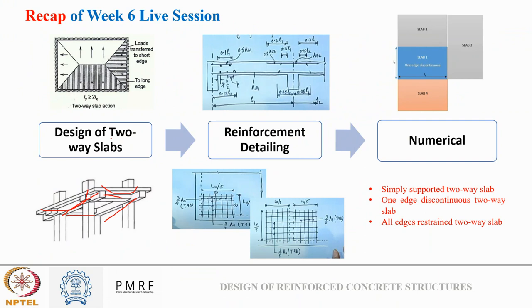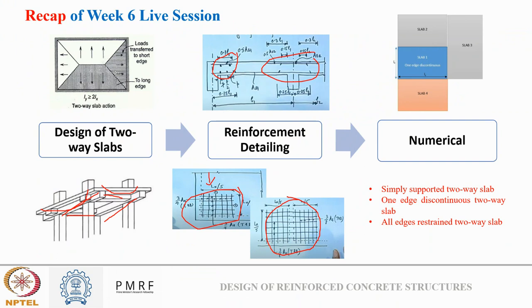Now, we also saw how load distribution is done based on the type of two-way slab and restrainment present in those slabs, and how reinforcement detailing is done near end and mid supports, and when these are needed, and how reinforcement detailing is done when torsional restrainment is needed. This is how reinforcement detailing is done near the supports, and when we talk about restrainment, we need torsion reinforcement also, and how it is provided, that also we saw. Finally we saw some numericals to understand whatever we have discussed.